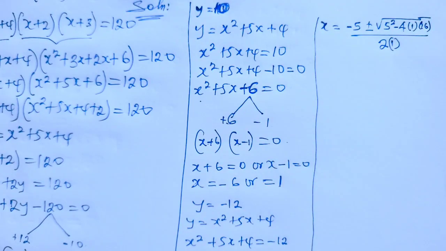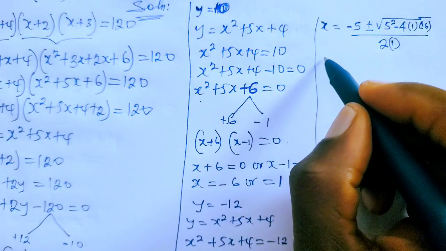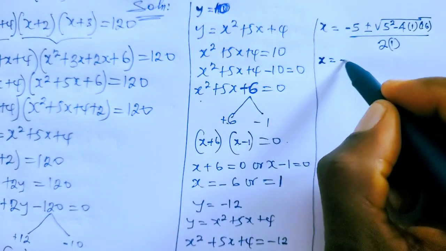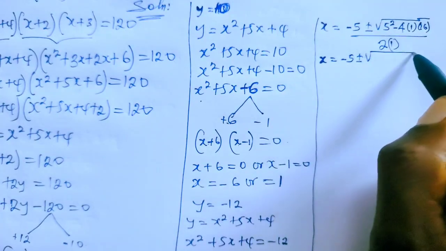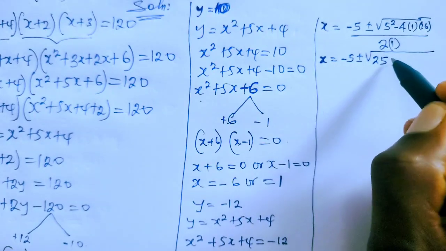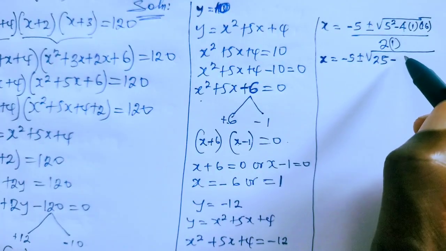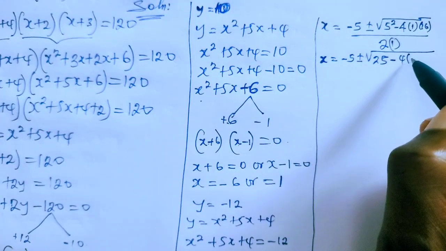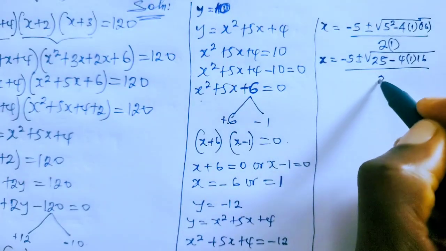Simplifying further, x equals minus 5, plus or minus square root of 25, since 5 squared gives us 25, then minus 4 times 1 times 16, all over 2.